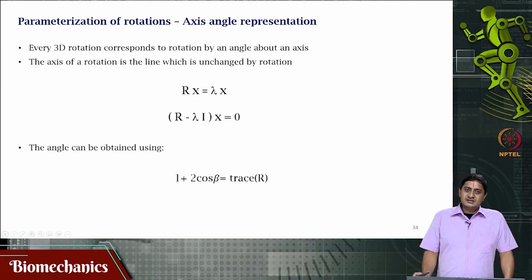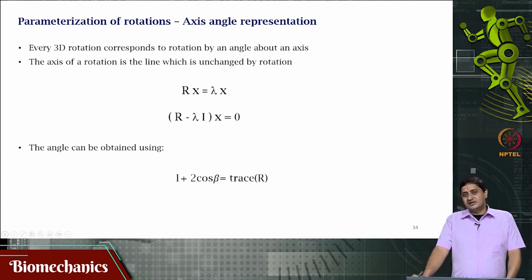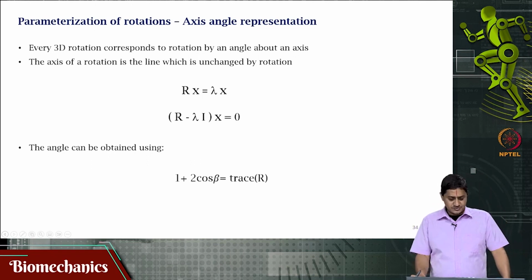It turns out that the rotation matrix R will have an eigenvalue 1. The eigenvector that corresponds to eigenvalue +1 is the axis about which the rotation is happening. We will take some simple examples and check if this is indeed true.